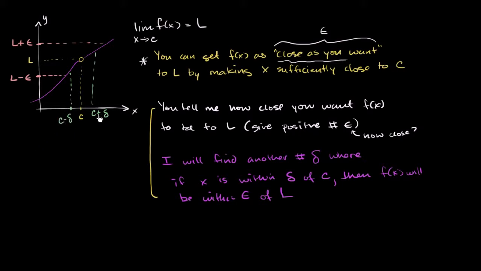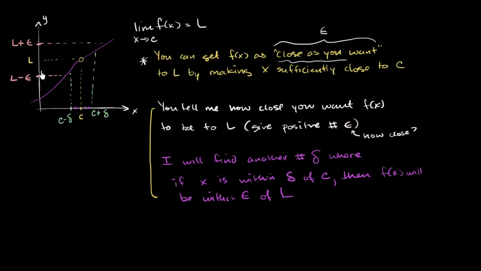So I'll find you some delta so that if you take any x in the range c minus delta to c plus delta, and maybe the function is not even defined at c, so we think of ones that maybe aren't c but are getting very close, if you find any x in that range, f of those x's are going to be as close as you want to your limit.